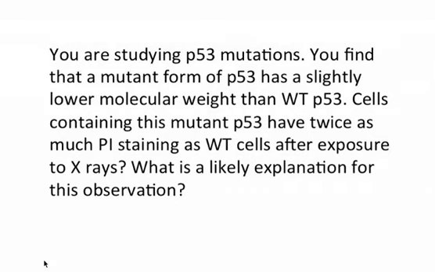And so then you did flow cytometry with PI staining, right? So this is cell number, and this is PI staining for both of them. And so your wild type, you see this, so this is your 1 and this is your 2, this is your 1, this is your 2.